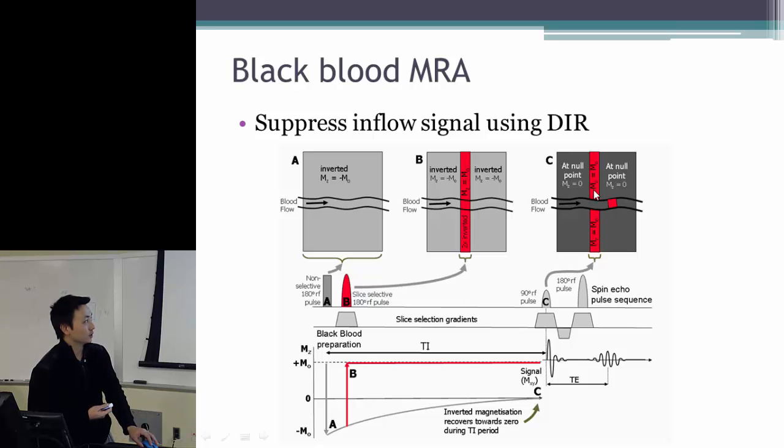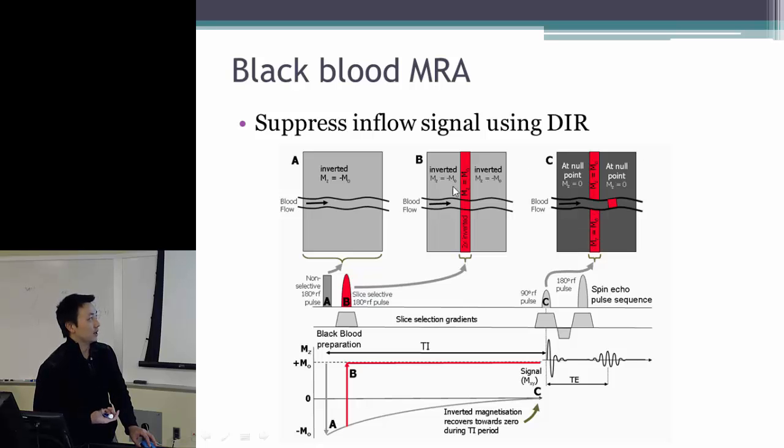So there will be a normal signal intensity for the tissues. But for the blood, because there is no longitudinal magnetization at this time point, it will not create any signal from this excitation pulse. So the blood now has zero signal.